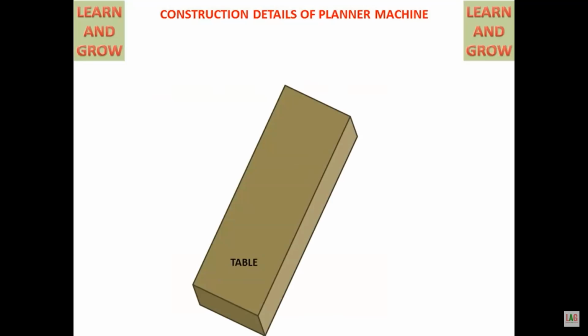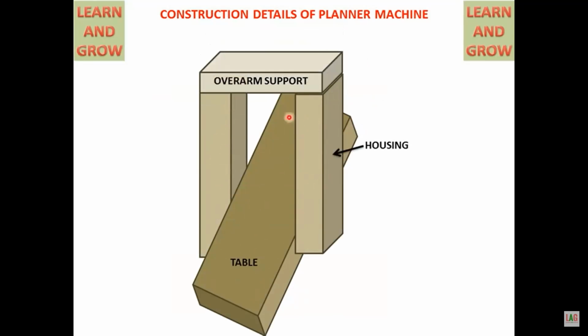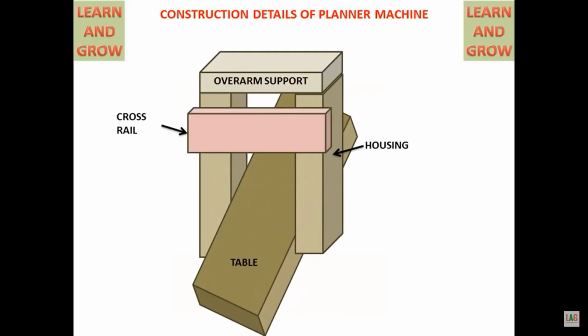This is the table, as we have already known. To this table we are having 2 housings. Housings are columns. We can say either housings or columns. And to this, as we have seen earlier, we have an overarm support, and under that we are having a cross rail, and we are having tool posts.